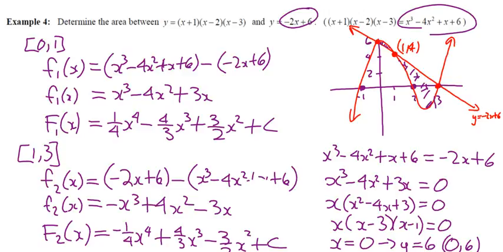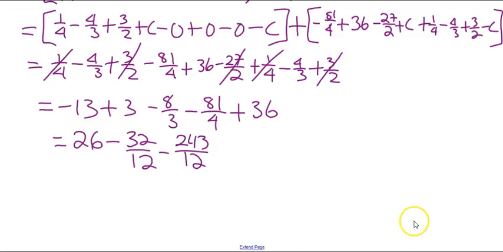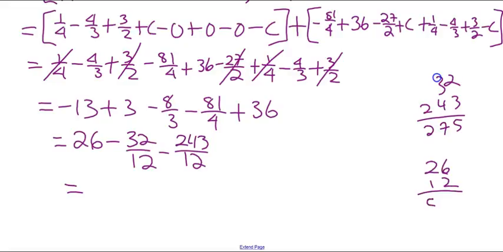Okay, hang on. I'm going to pause and move the boundary. Okay, what do we got? Minus... Okay, so what's this add up to? 32 plus 243. 275 over 12. Okay, so what's 26 times 12? 52 and 26. 312.